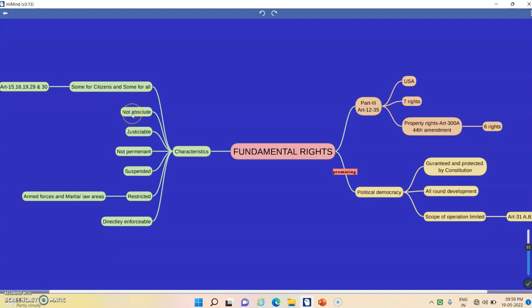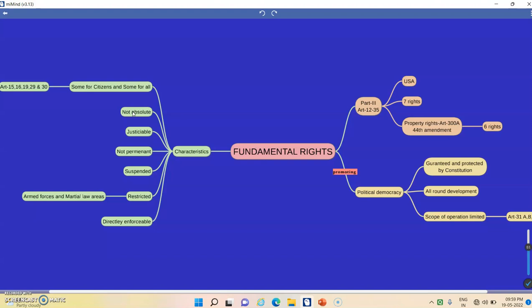The second characteristic is that fundamental rights are not absolute, but they are qualified, which means the state can impose reasonable restrictions on fundamental rights, which are reviewed by the court.